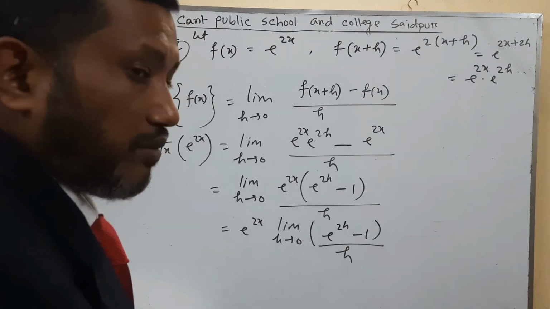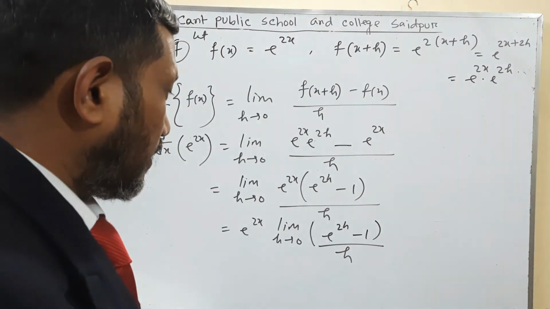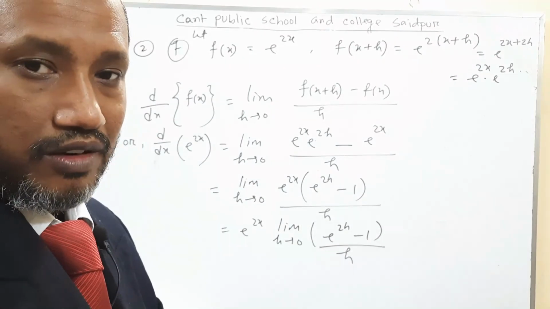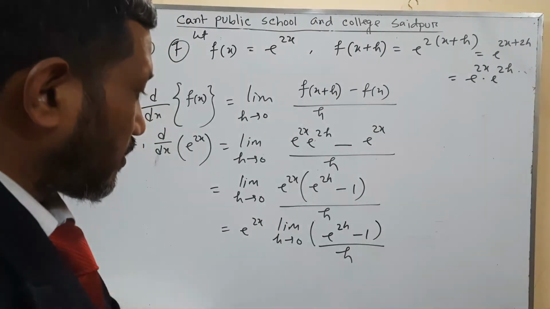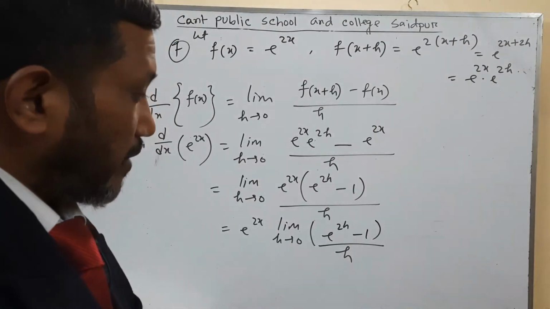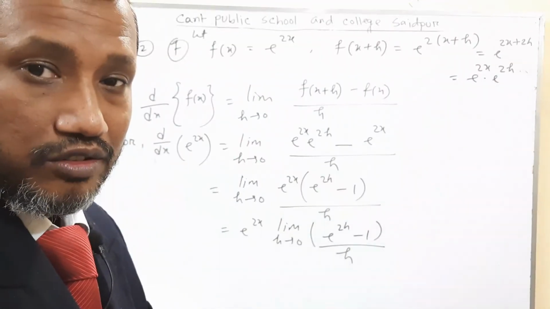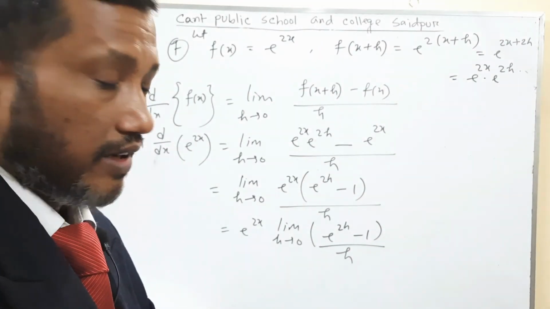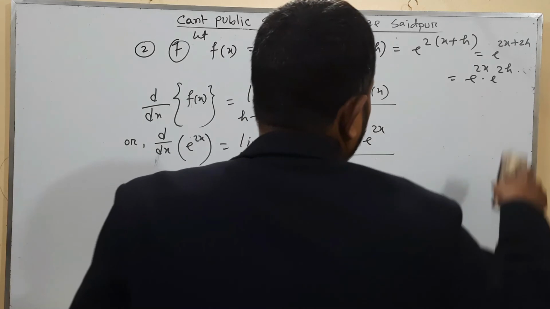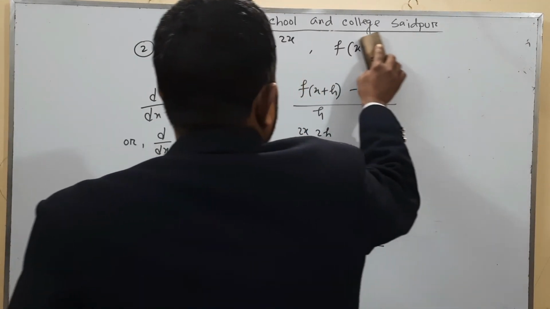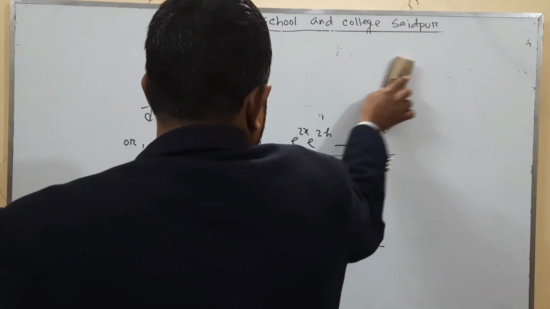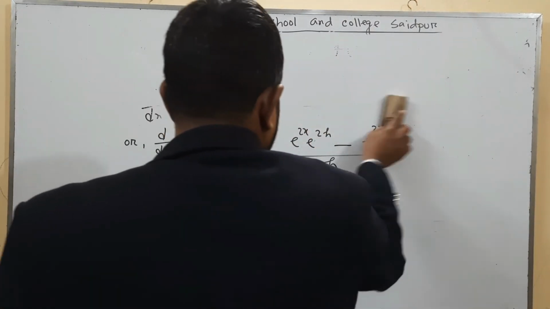We can write here this is the exponential function e to the power 2h. We know e to the power x is equal to 1 plus x by factorial 1 plus x square by factorial 2 plus x cube by factorial 3 plus x to the power 4 by factorial 4 up to infinity. Using this formula, we will expand this e to the power 2h.